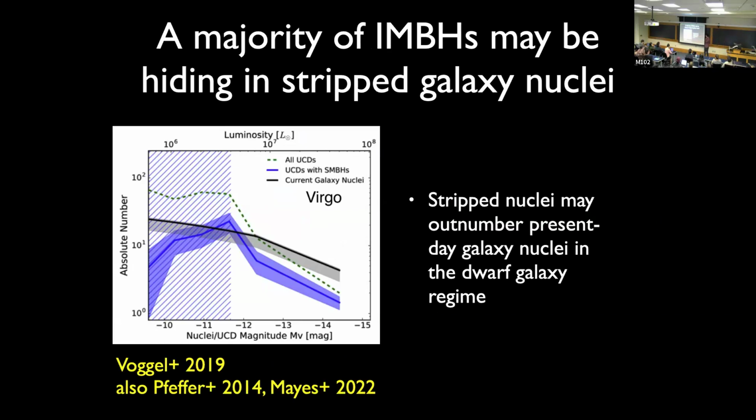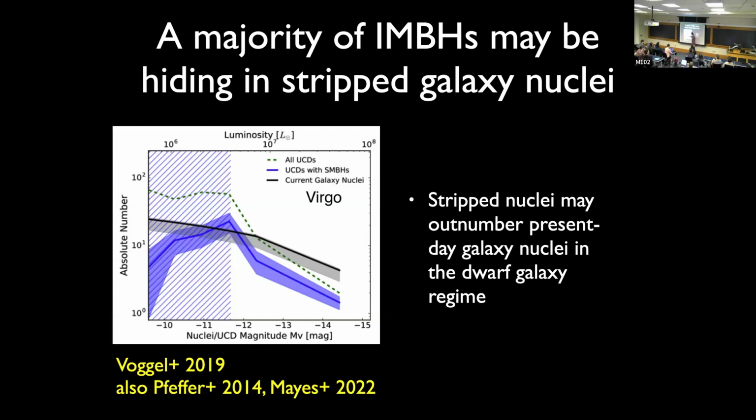Using that information, my former postdoc, Karina Vogel, predicted a fraction of sources that are likely to have central black holes. The point of this is showing the number of current galaxy nuclei and stripped galaxy nuclei, things that we think are probably UCDs with black holes or star clusters with black holes in them.